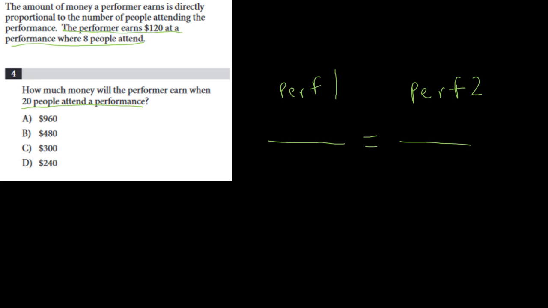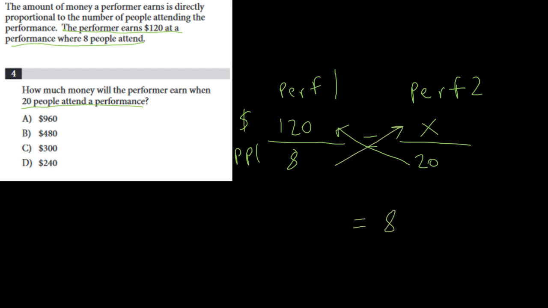And at the top, I see that there's going to be dollars and there's people. So let's label this top dollars and let's label the bottom people. So for performance 1, the dollars would be 120 and the people would be 8. And for performance 2, there's going to be 20 people and we don't know how much it makes. So from here we do the same thing, we cross multiply.